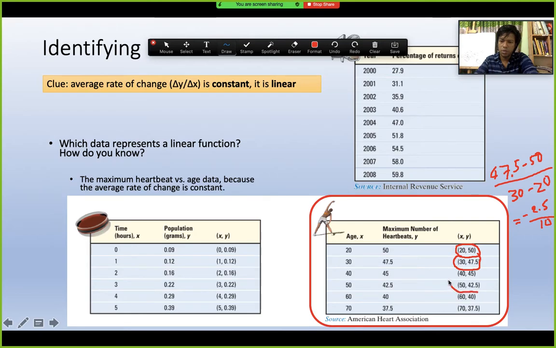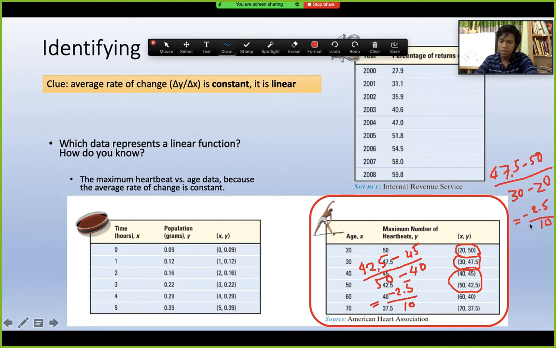Now you choose any other 2 points. You can choose any points you like. For these 2 points, it is 42.5 minus 45, divided by 50 minus 40. 50 minus 40 means 10, and 42.5 minus 45 means minus 2.5.